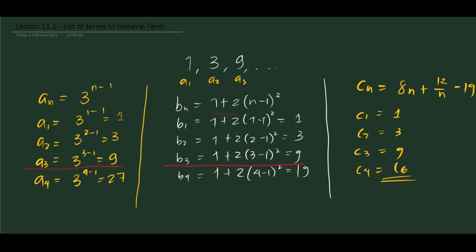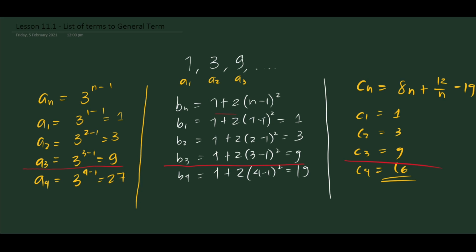Okay, so as you can see here, they diverge by the fourth term, right? So that means that the answer is no. If you're given only these few terms, 1, 3, and 9, is that enough to define a sequence? Then the answer is no.